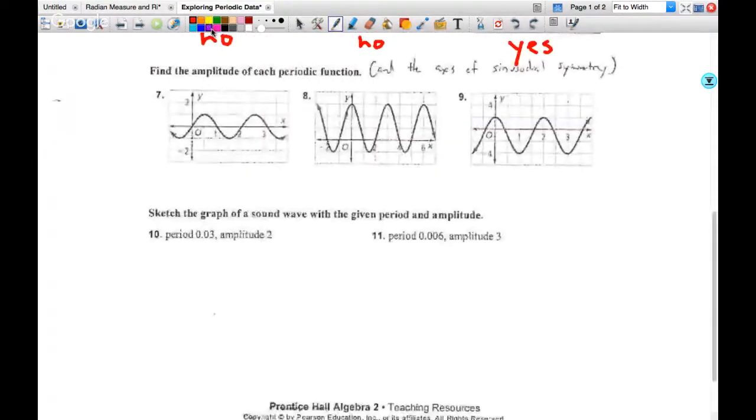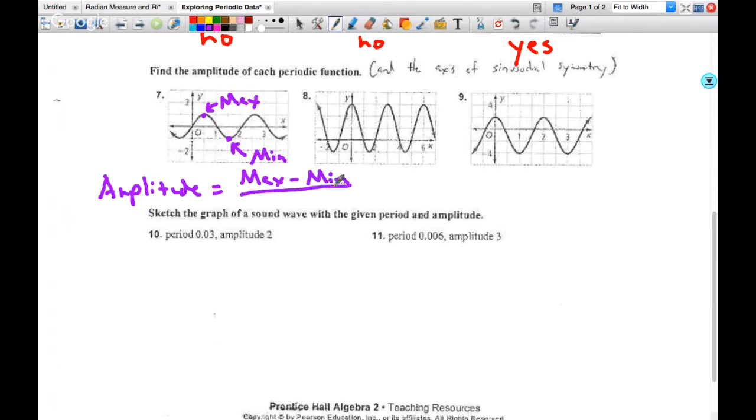Amplitude. So amplitude, we could just use the formula, but let's think of where the formula comes from. So the formula is, let me label a few things here. Amplitude is equal to the max minus the min divided by 2.